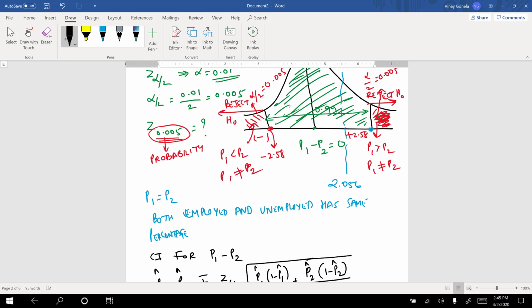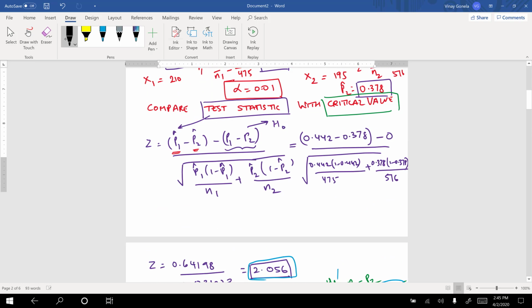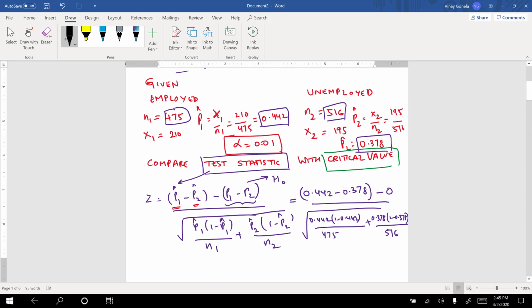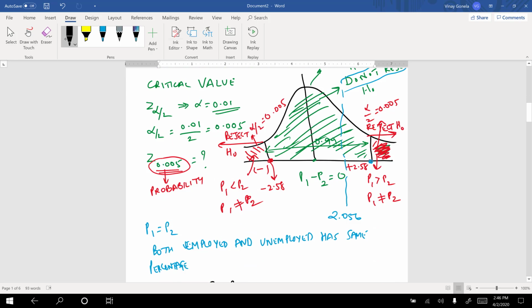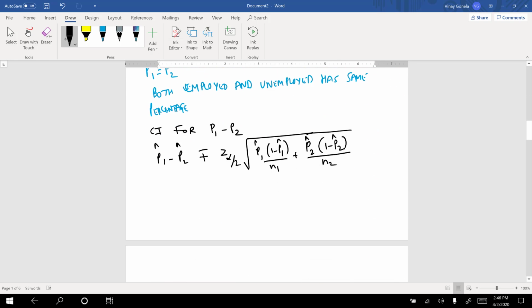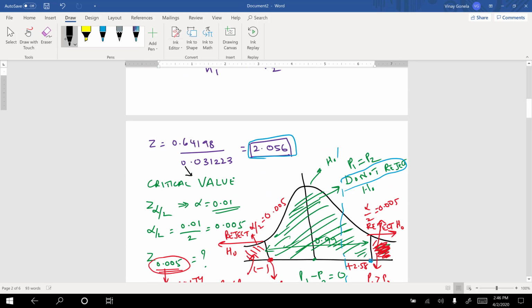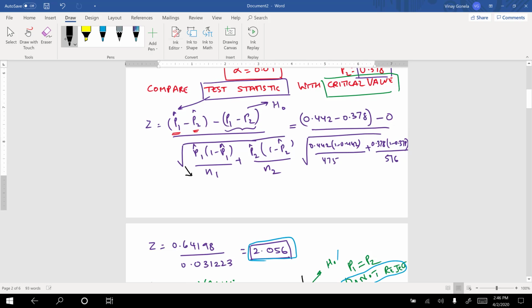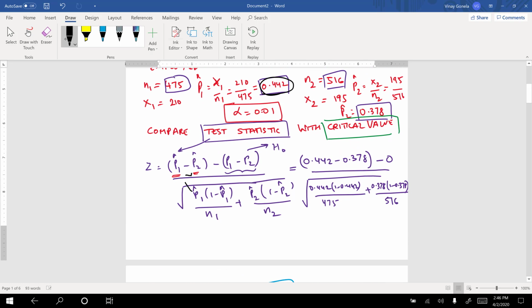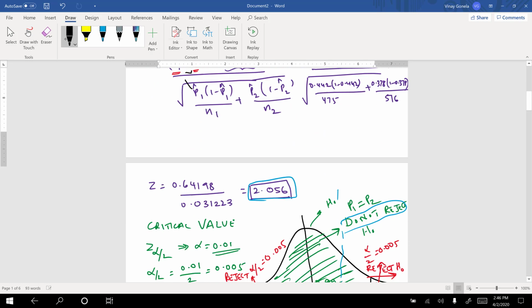So again P1 hat, P2 hat, all the information you have obtained. P1 hat is 0.442, so this would be 0.442 minus this, which is 0.378.